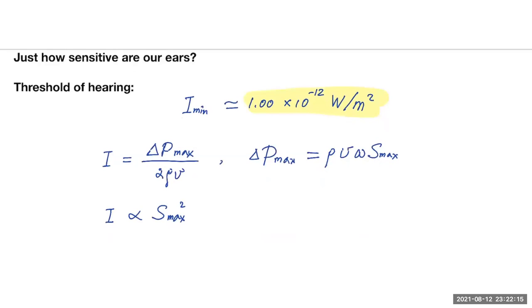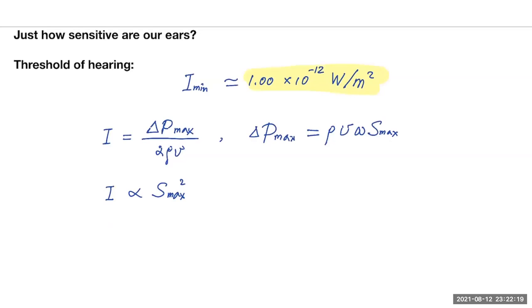Okay, we can do a little calculation. We can find that result. If we use this formula here, there is a squared here. We can go ahead and find delta P maximum, or we can replace delta P maximum with S maximum, or SM, and then find the corresponding S maximum.